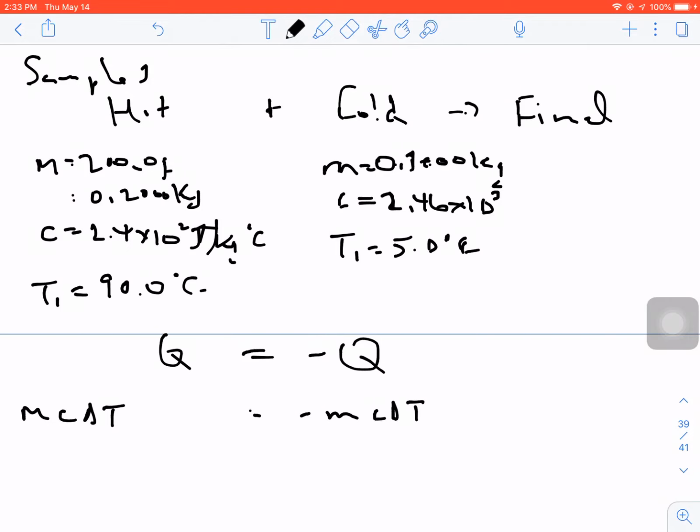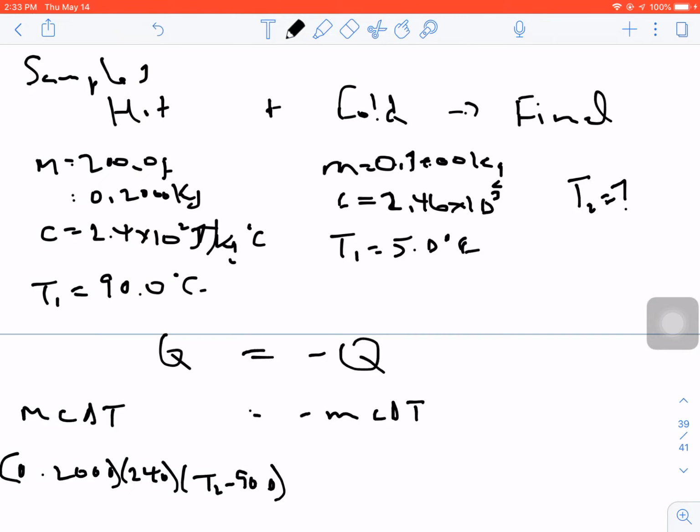Okay, the mass is 0.2 times the C, which is 240, times T2 minus my T1, which was 90 degrees C. Okay, so I've got a T2 on that side, which is my unknown. Okay, so my required to find is final T2.